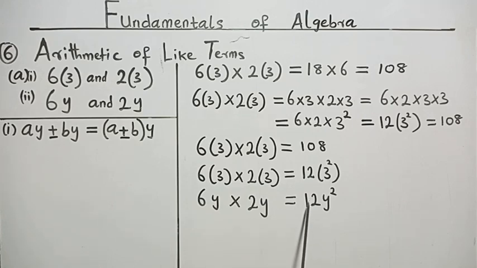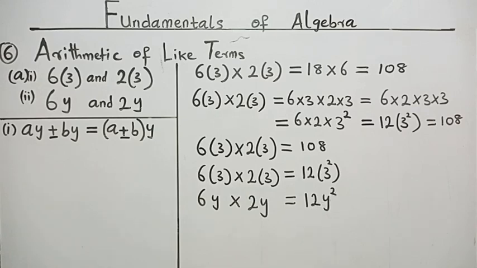But if a constant is multiplying a variable, there is no need to put a bracket as it appears here. If I put a bracket here, no problem, but without it, still no problem. Because of simplicity, we choose not to put a bracket to separate this y to the power 2 from 12y. Therefore, 6y times 2y is equal to 12y to the power 2.